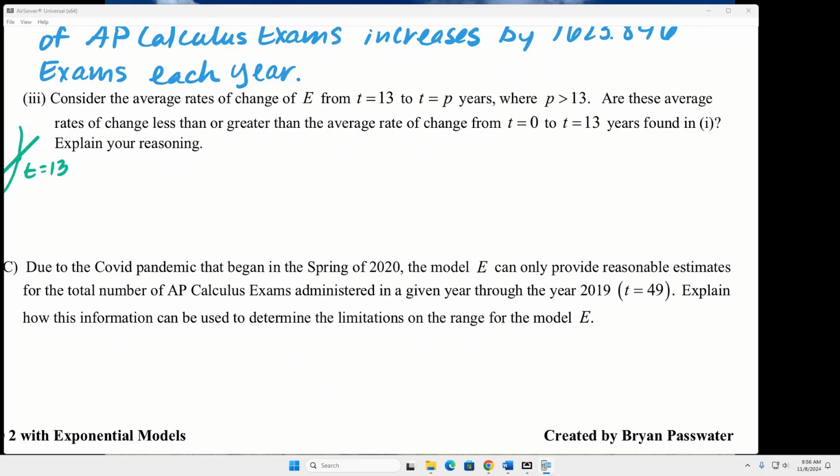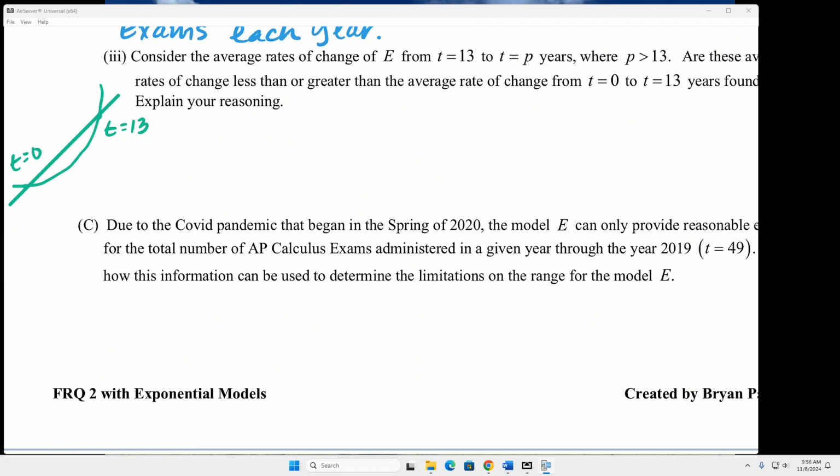We're actually talking about that again today in calculus with a little bit different terminology. But whenever a graph is concave up, the average rate of change is increasing. And so as you go more and more moving to the right, those little slopes are going to get larger and larger and larger. So we have to include that in our explanation.